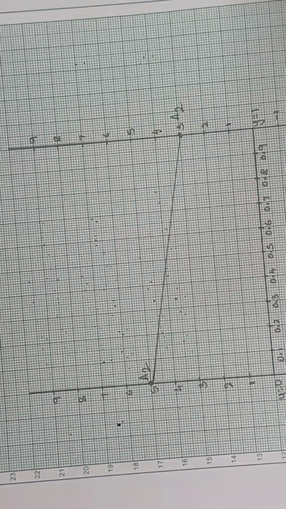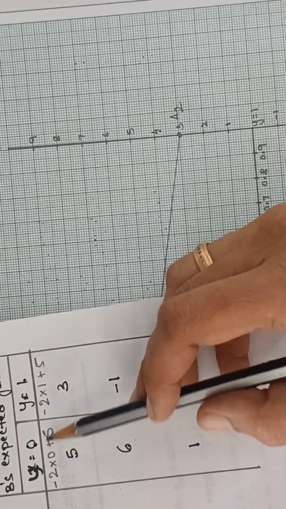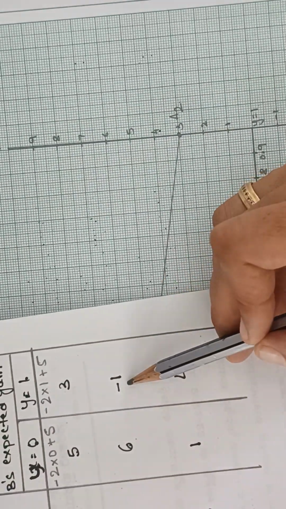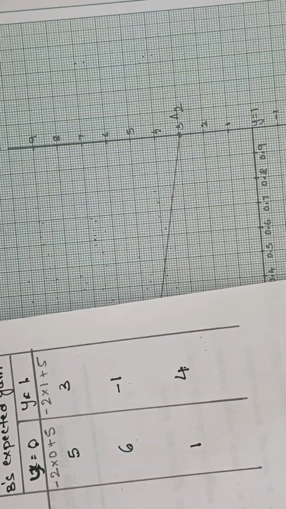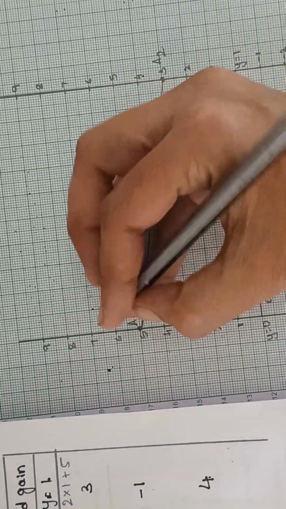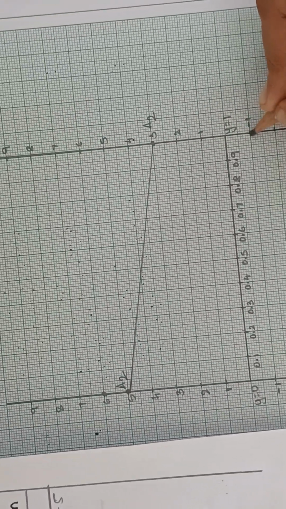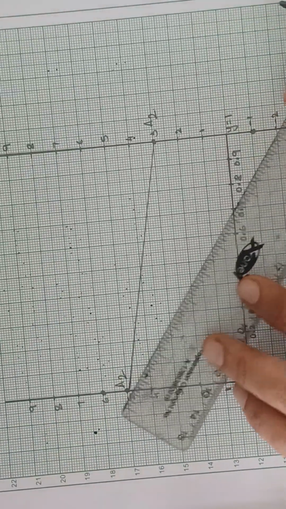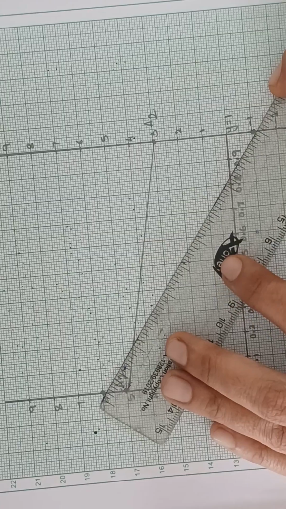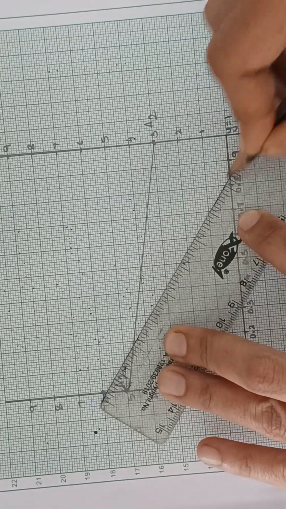Next values to be plotted are 6 when y is equal to 0 and minus 1 when y is equal to 1. So 6 is here and minus 1 is here. Let us join the points and mark it as A3.